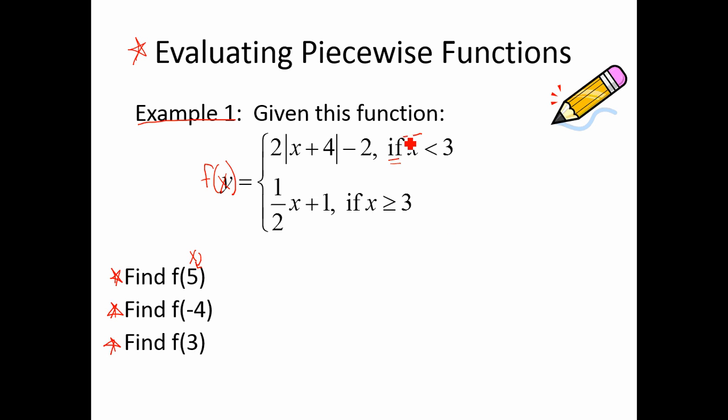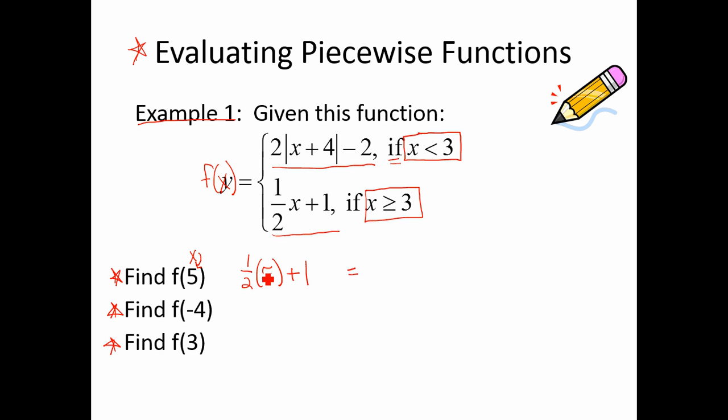This part says if the x value is less than 3, I'm going to plug it in here. This part says if the x value is greater than or equal to 3, I'm going to plug it in here. So because 5 is greater than or equal to 3, that means I'm just going to plug it into the bottom part. So I'll take 1/2 times 5 plus 1.